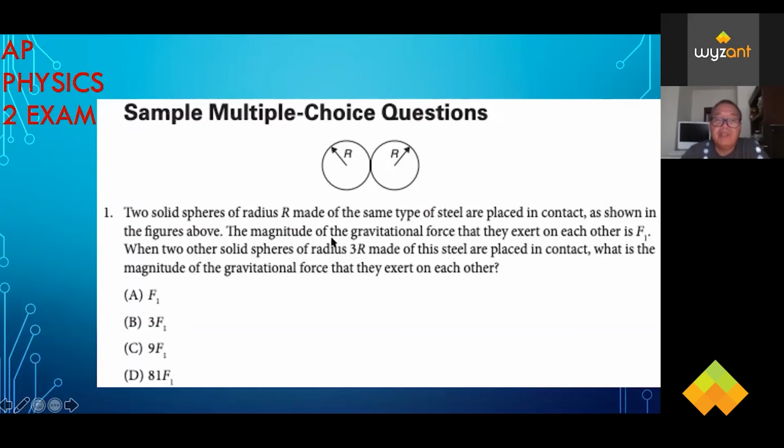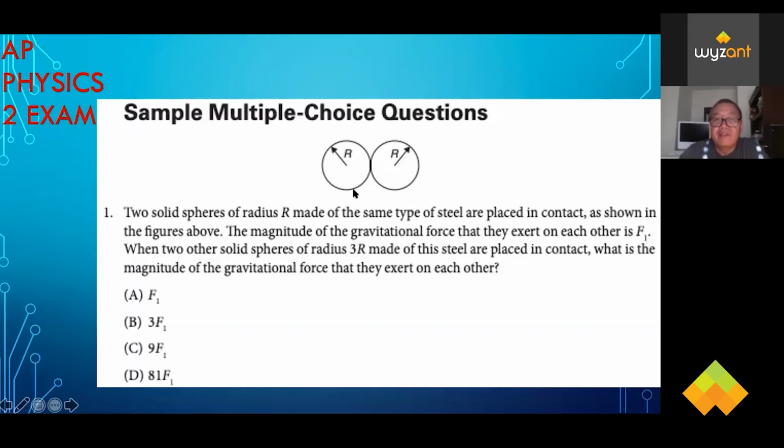The magnitude of gravitational force that they exert on each other is F1. When 2 other solid spheres of radius 3r made of this steel are placed in contact, what is the magnitude of gravitational force that they exert on each other?